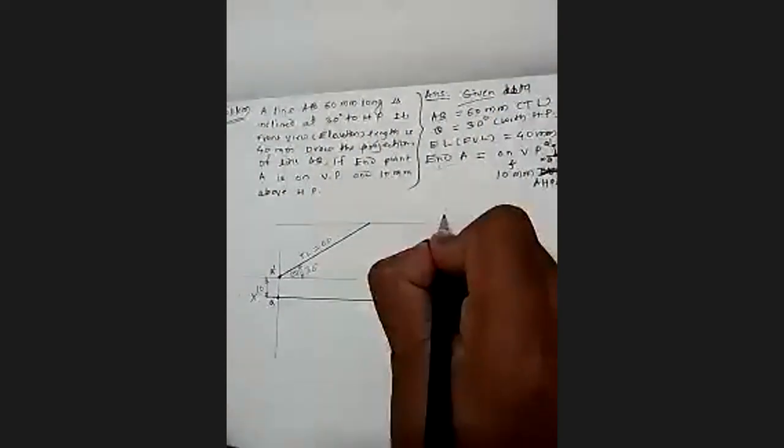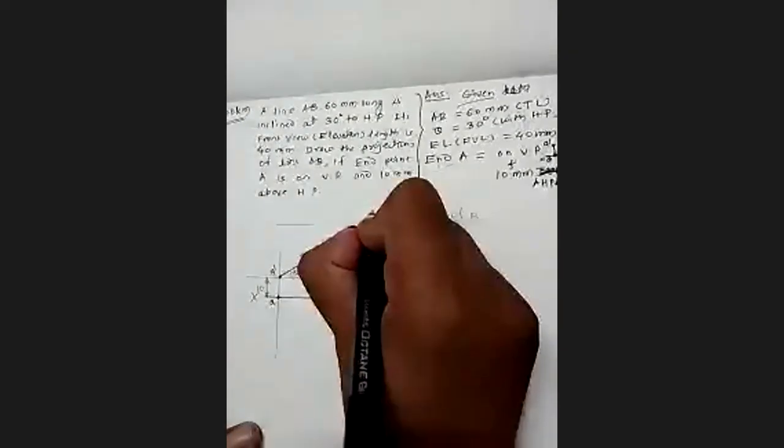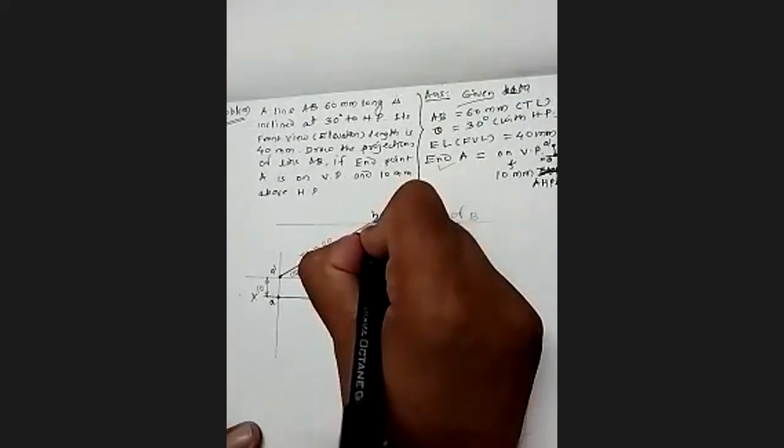Locus of B, I will say in short, L of B. Can we name this point here? Is it B dash or B1 dash? This is the true length, not the frontal end point. We say it's B1 dash.